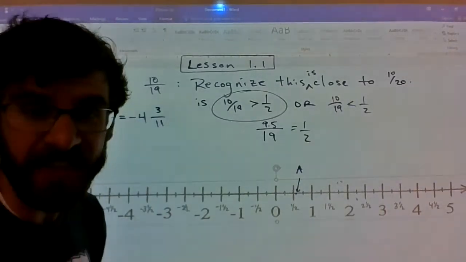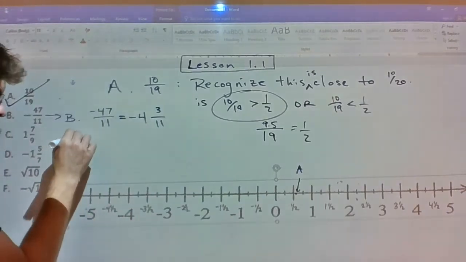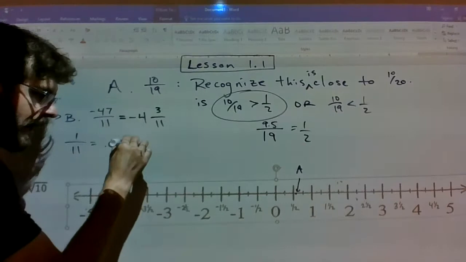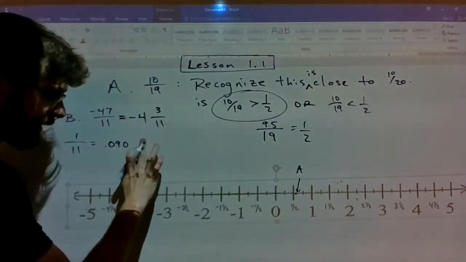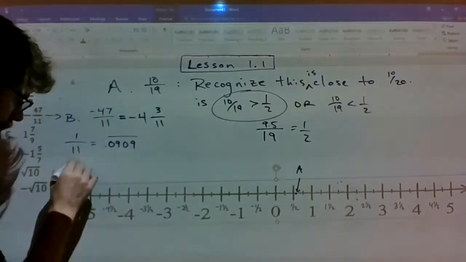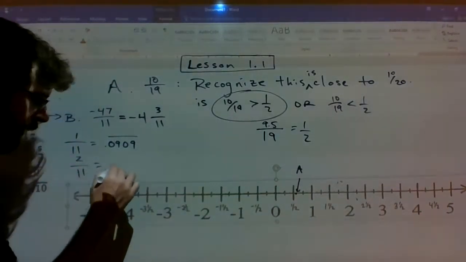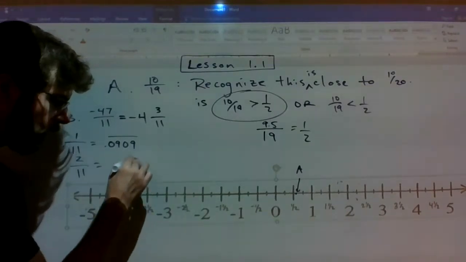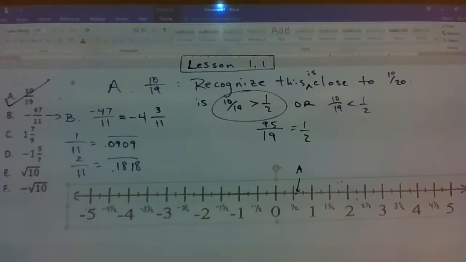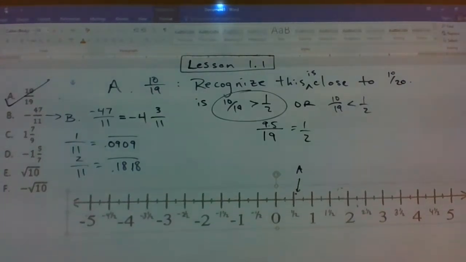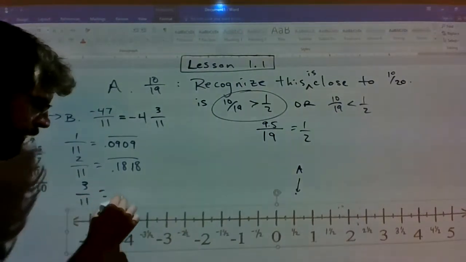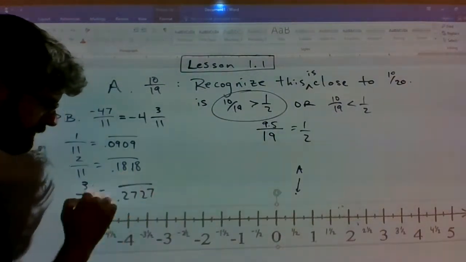Here's the pattern with the 11ths. 1/11th is equal to 0.09090909, and it pretty much repeats that pattern forever. 2/11ths is 0.1818181818 forever. 3/11ths, and let me move this thing a little bit further down to give us some space here. 3/11ths is 0.272727.